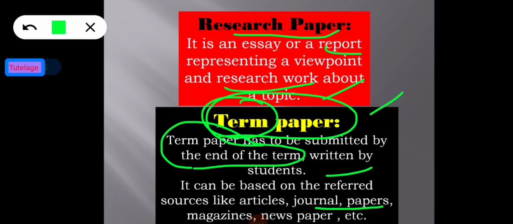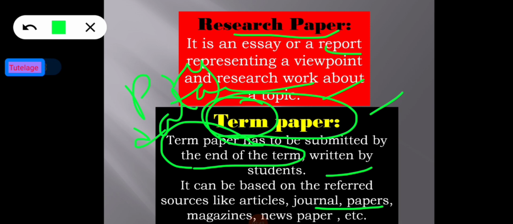A term paper can also be based on primary data, which does not depend on secondary data. Primary data is required and important for preparing the term paper, and it is collected by the students only.